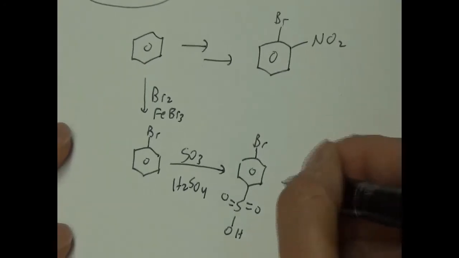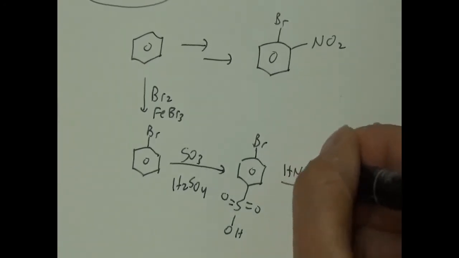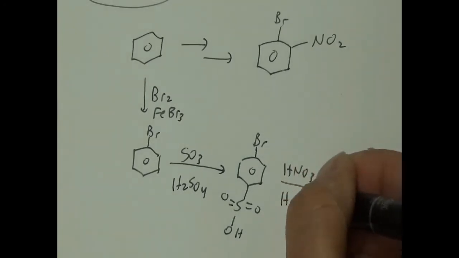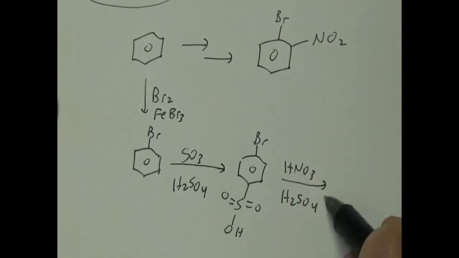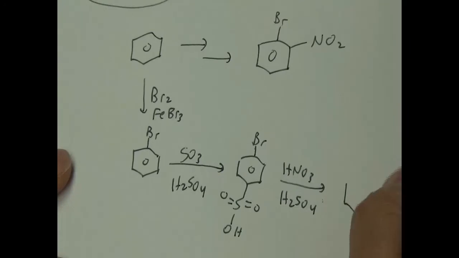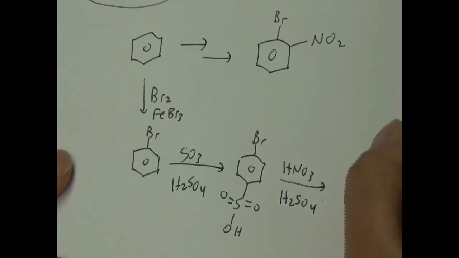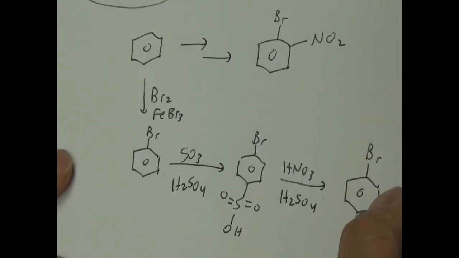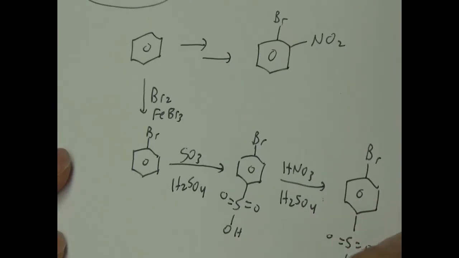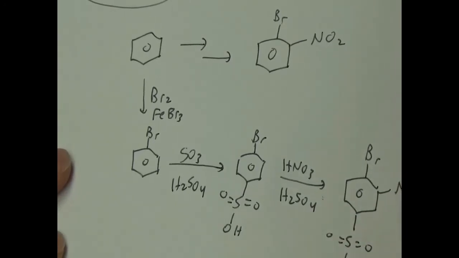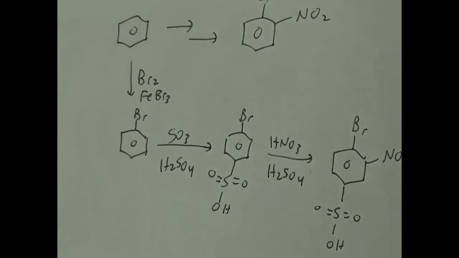So HNO3, H2SO4, right? That's how you install a nitro group. Nitric acid, sulfuric acid. Keep the sulfonic acid on. NO2. Alright, so we're good there, yeah.